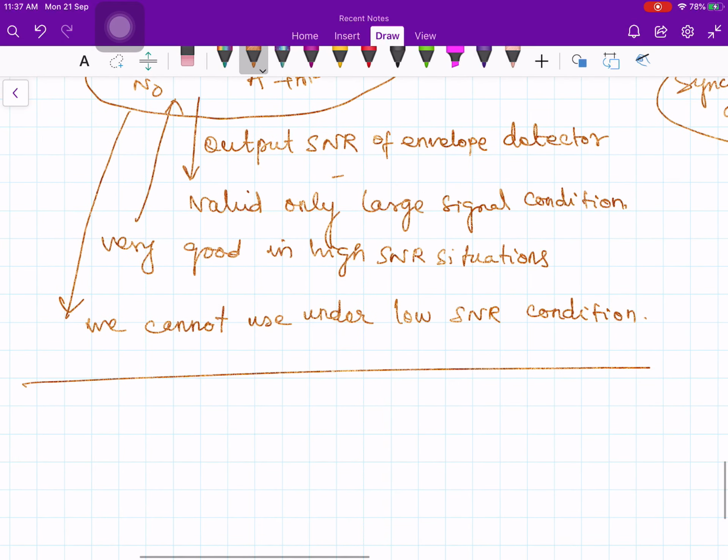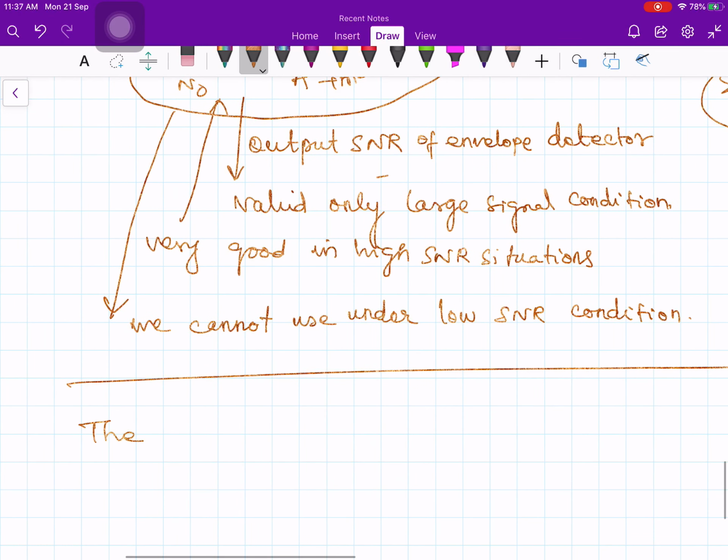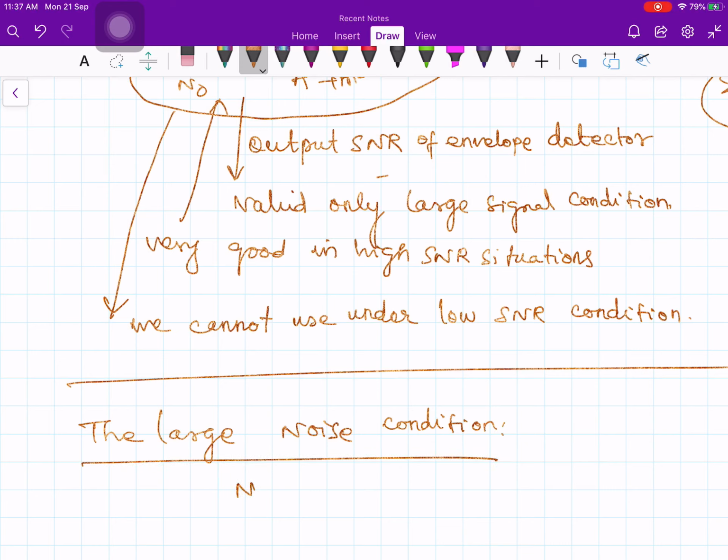So the large noise condition means the noise power Ni is greater than the signal power Si. We will consider both situations. What do I mean by noise power here? Ni is greater than Si.